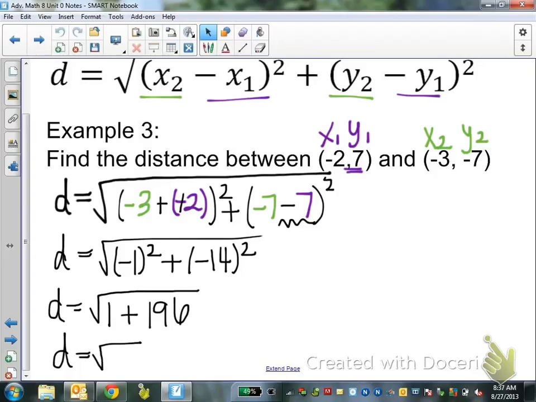So then your distance equals the square root of 197. Can we break down 197? I think 197 is prime, so you would just leave your answer as the square root of 197, and that's totally acceptable.